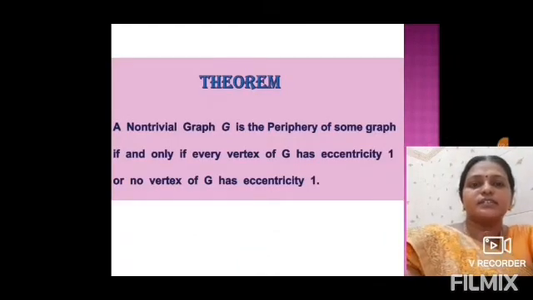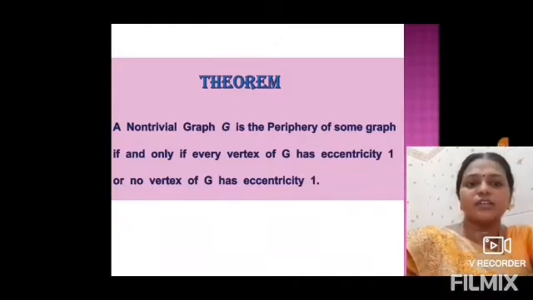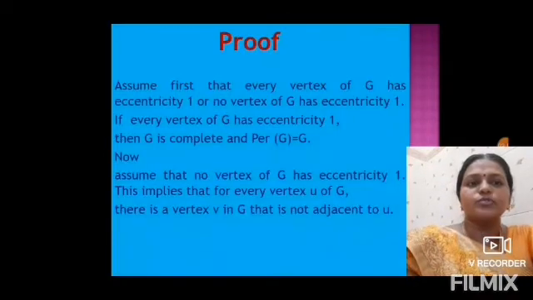Let's see an interesting theorem. A non-trivial graph G is the periphery of some graph if and only if every vertex of G has eccentricity 1 or no vertex of G has eccentricity 1. Let's move to the proof.